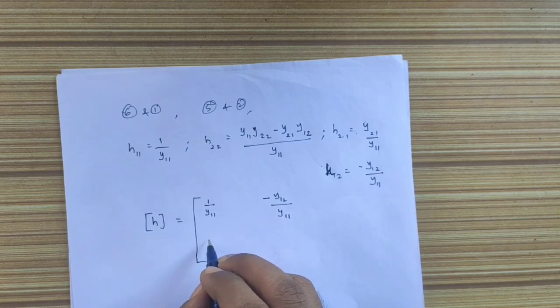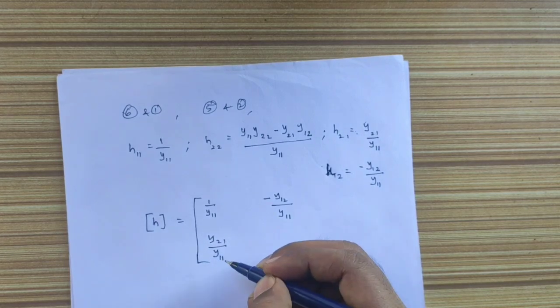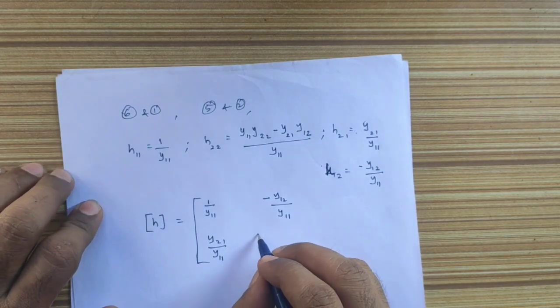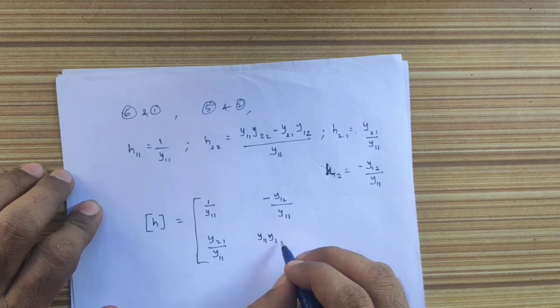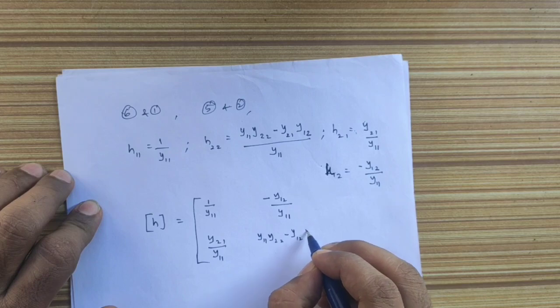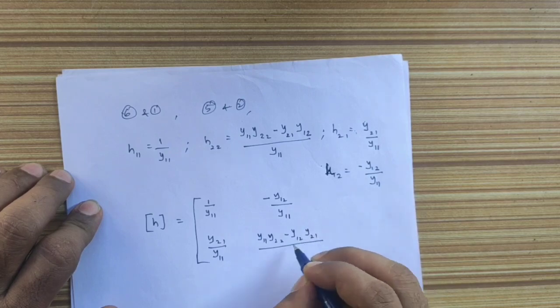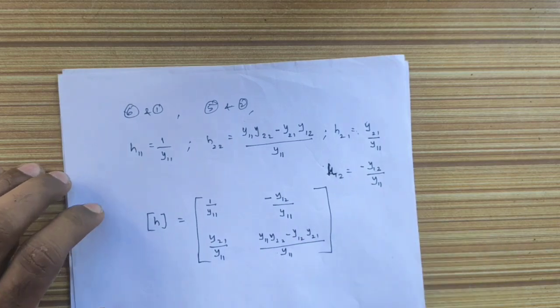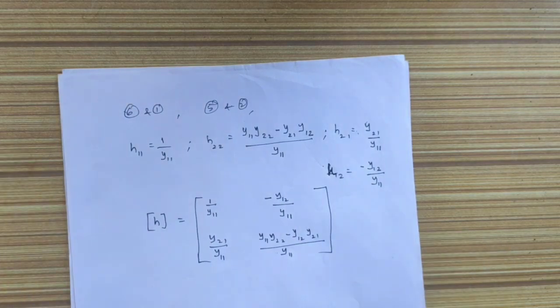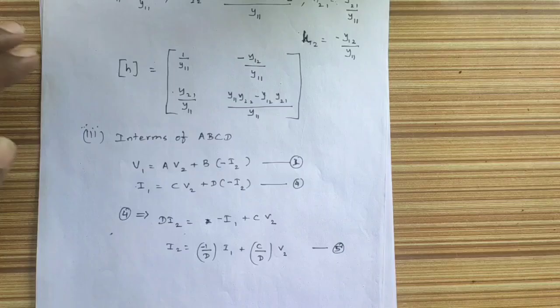And third parameter is h21, that is nothing but Y21 divided by Y11. And fourth one is Y11 Y22 minus Y12 Y21 divided by Y11. This is the h parameter matrix in terms of Y parameters.